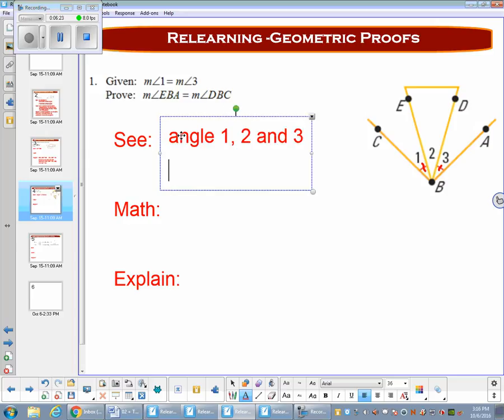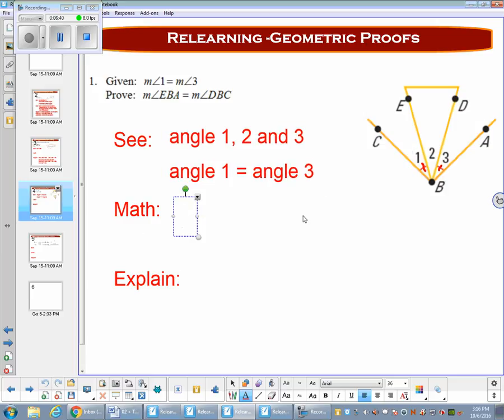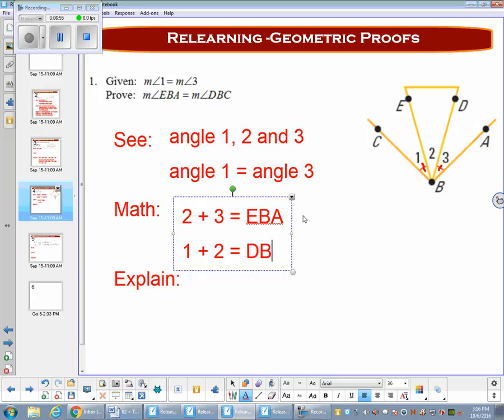I know that angle 1 is equal to angle 3. And so the math to have these ones, I know that angle 2 plus 3 is equal to EBA. 1 plus 2 is equal to DBC. Those are things we know.